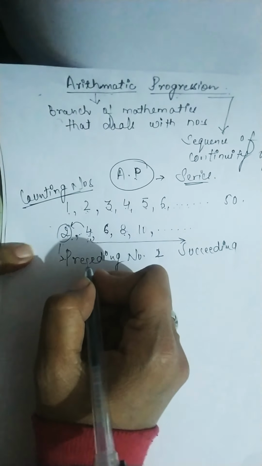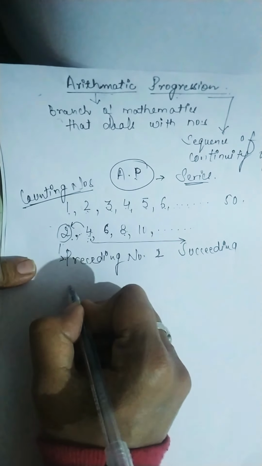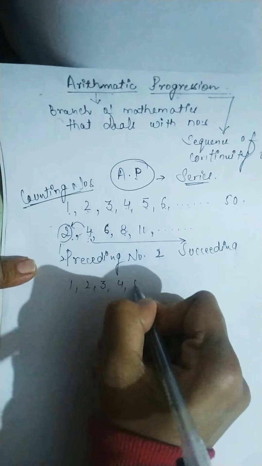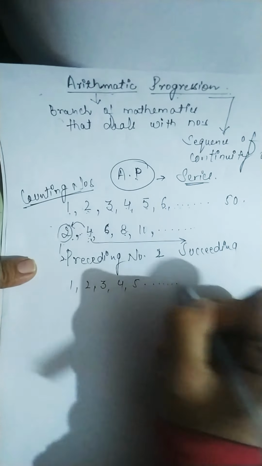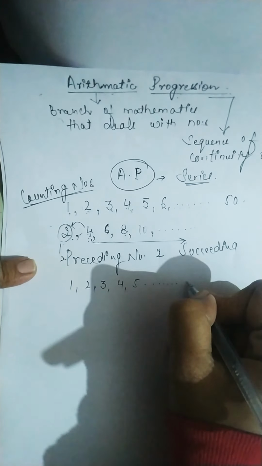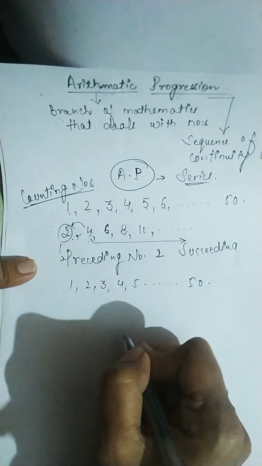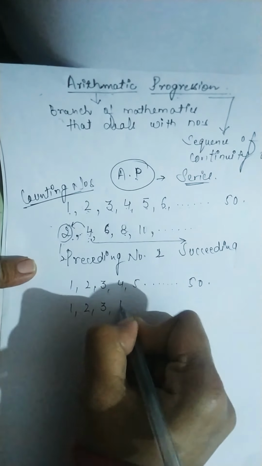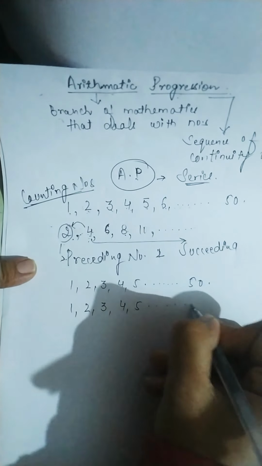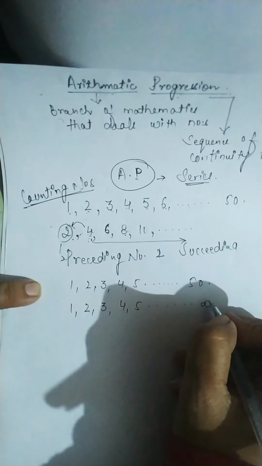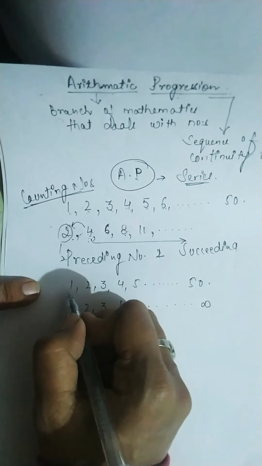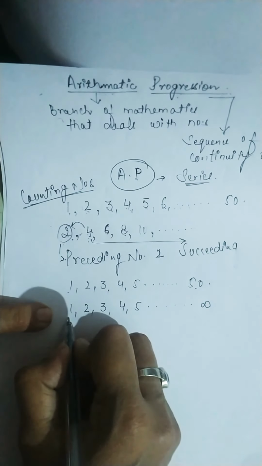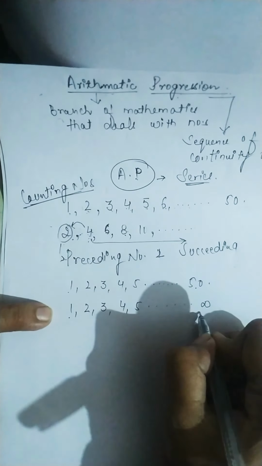Okay, so what comes in this AP series is a collection of numbers like 1, 2, 3, 4, 5, and so on up to 50. And here is another series like 1, 2, 3, 4, 5, and so on. It goes up to infinity. So here we have two series of numbers, the one that starts from 1 and ends at 50, and the other that starts from 1 and goes up to infinity.